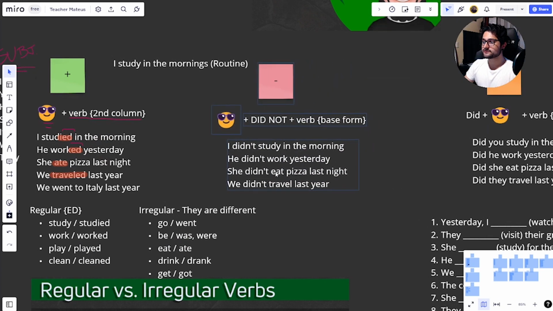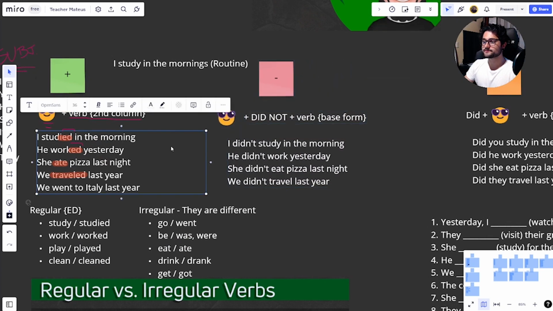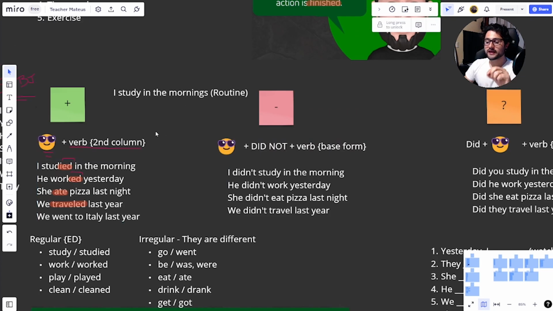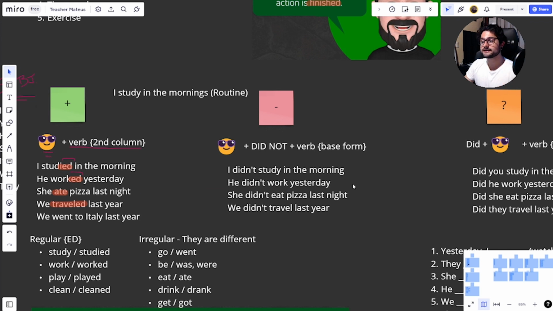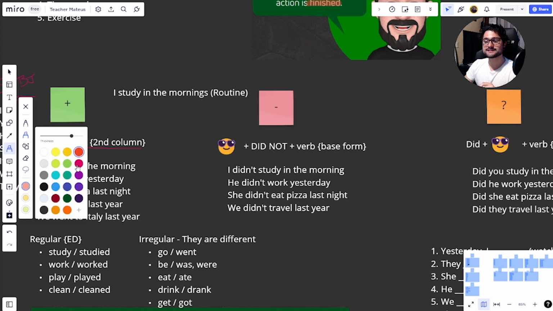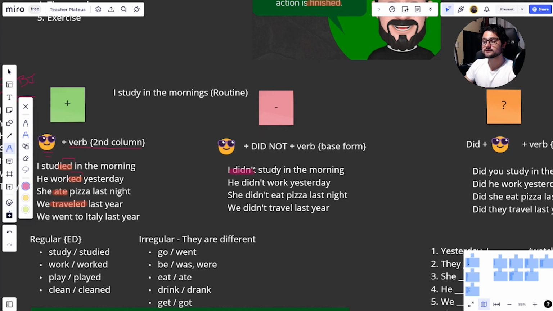Let's take the negative and return it to its place. And we have now, guys, these same sentences that were in affirmative, in negative. For example, I studied in the morning becomes I didn't study. I didn't study. Yeah.